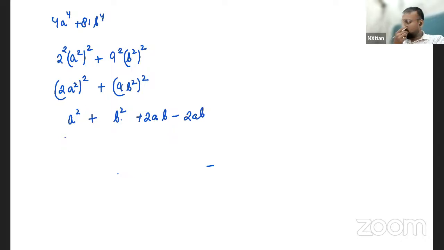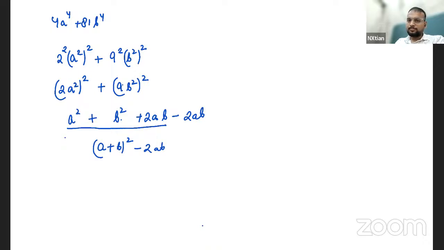When I solve in a backward reverse direction, I will get the same answer. Listen, this can become like this. A square plus b square plus 2ab can be written as a plus b whole square. Guys, did you understand? Yes or no? Minus 2ab. Guys, did you understand?